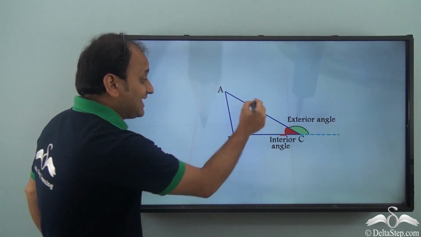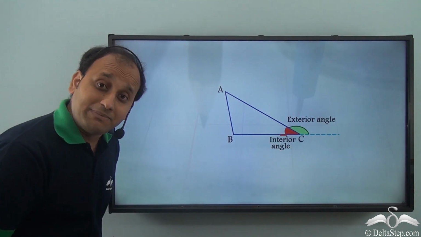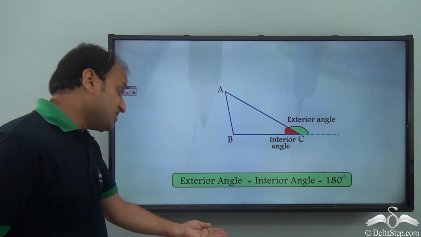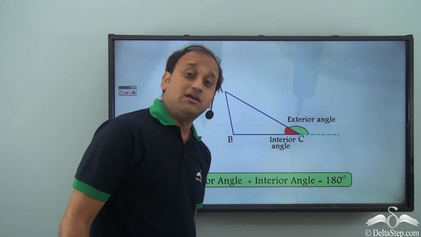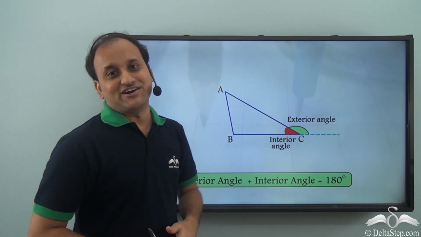So we can say that this interior angle plus this exterior angle will be 180 degrees. So exterior angle plus interior angle always will give you a value of 180 degrees.